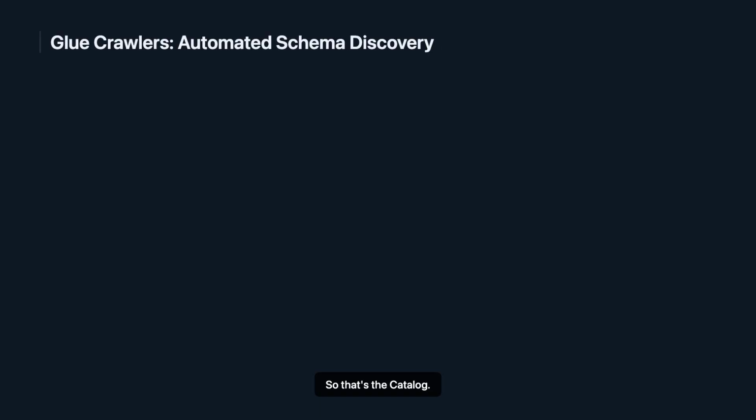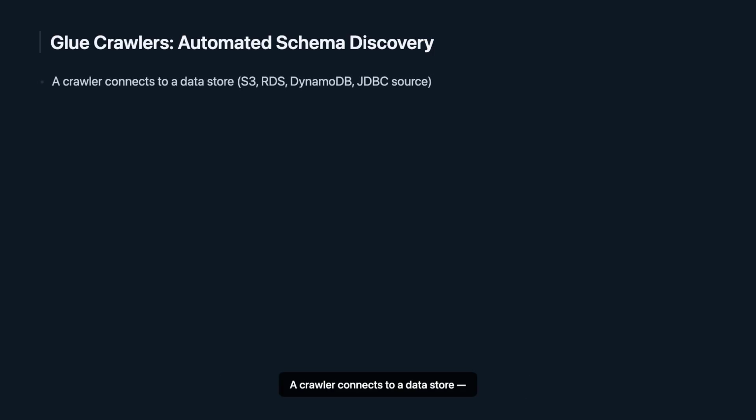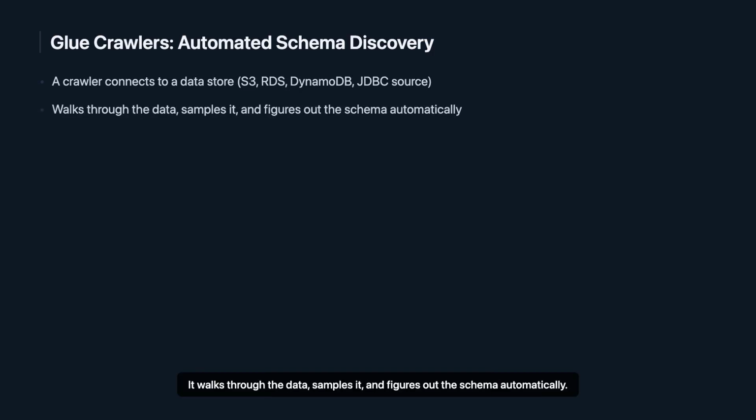So that's the catalog, but how does it get populated? You could write the table definitions by hand, but for most data lakes you let Glue crawlers do it for you. A crawler connects to a data store, S3, RDS, DynamoDB, or any JDBC source. It walks through the data, samples it, and figures out the schema automatically.